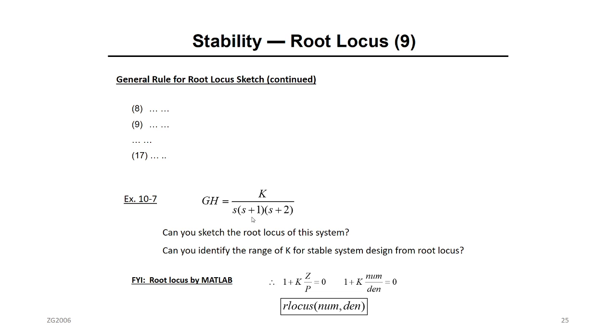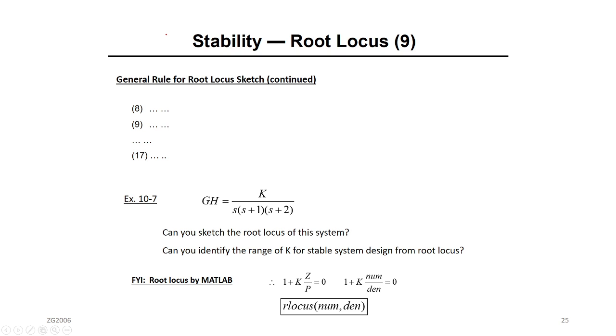Today we're gonna draw the root locus for this control system. Let me write it again here in this slide.